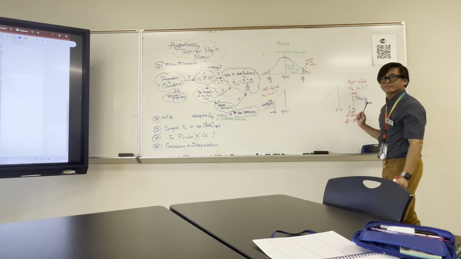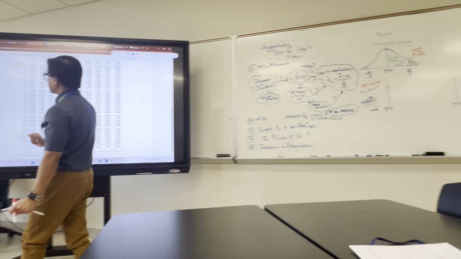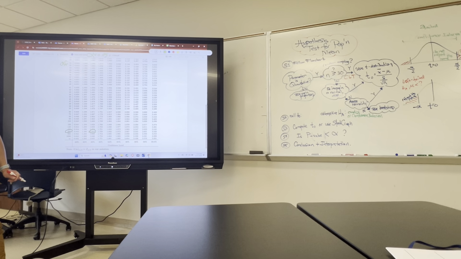So this is 1.65. Okay. Now, where is our T naught? What's the value that we got for T naught a while ago, guys? Let's check on the decimals.